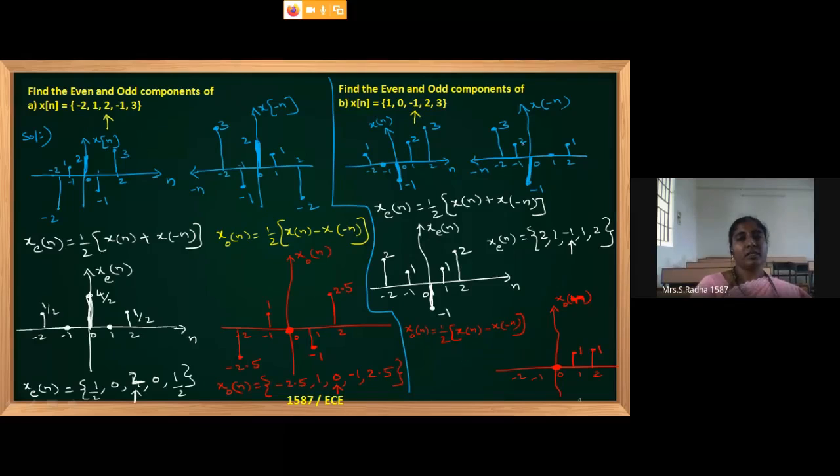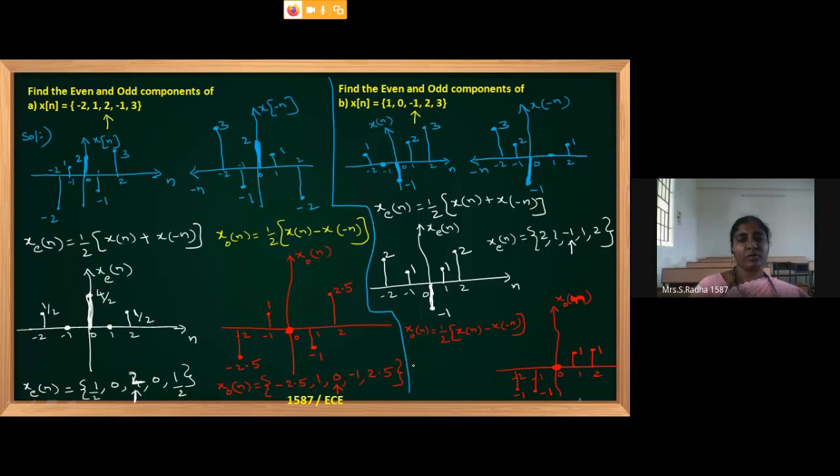Left side, first diagram is 0, second diagram is 2. 0 minus 2 is minus 2, divided by 2 means minus 1 is the height here. Next, first diagram is 1, second diagram is plus 3. 1 minus 3 is minus 2, divided by 2 means minus 1.